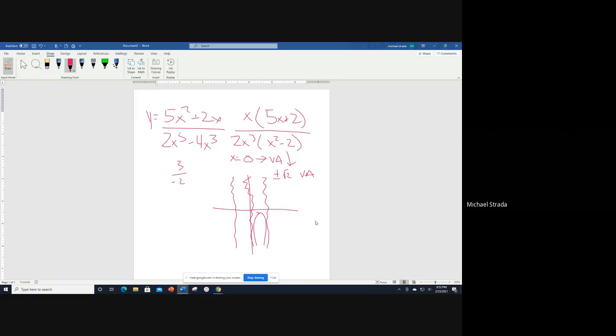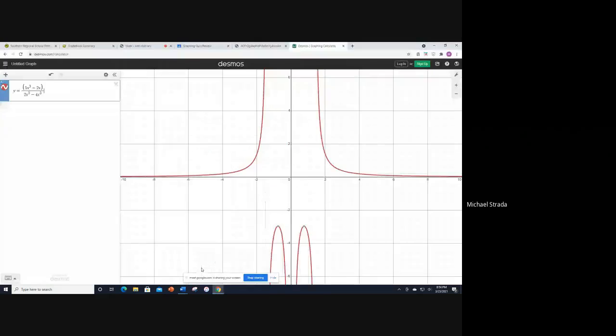It's weird. 5 plus 2 is 3. 2 minus negative 2 plus 4 would be 2. So that would make it positive. If I look at my graph, that has it at negative. So negative 1, this is telling me is at about 3.5.